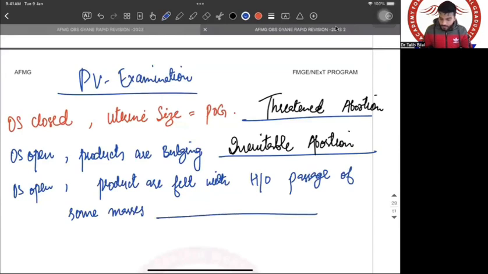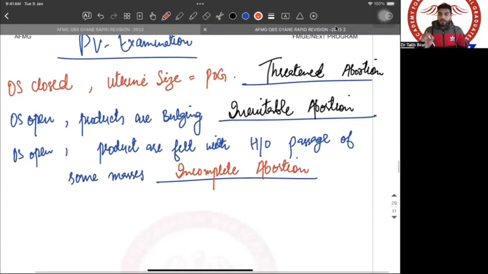Such type of abortion is called incomplete abortion. The os is open, the patient is saying, doctor, I felt some masses pass. Such type of abortion is called incomplete abortion.